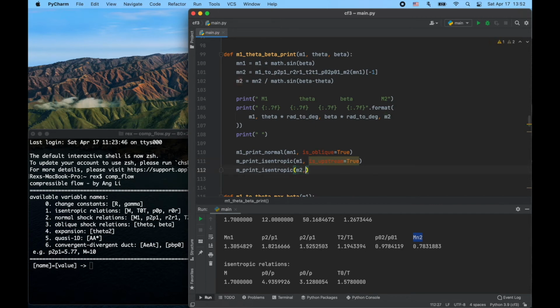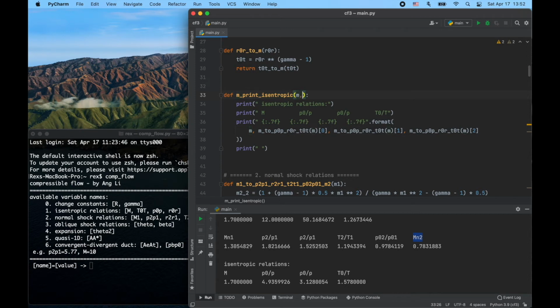Similarly, this one is downstream equals true. And we will add these two arguments, is upstream, and by default this one is false. Downstream is also false.